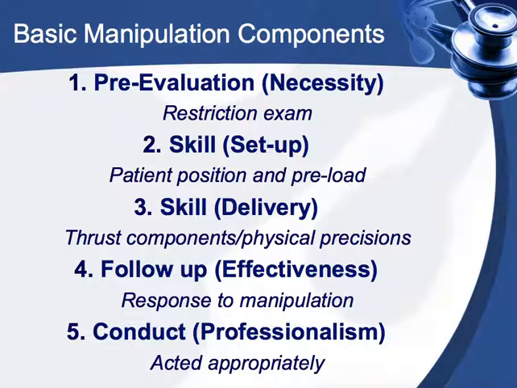Did the student position the patient correctly, and did they preload the joint adequately and correctly? Question number 3 is skill and delivery. This is the actual components of the thrust and the physical precision, including speed, amplitude, direction, all the pieces that make a chiropractic manipulative therapy effective.